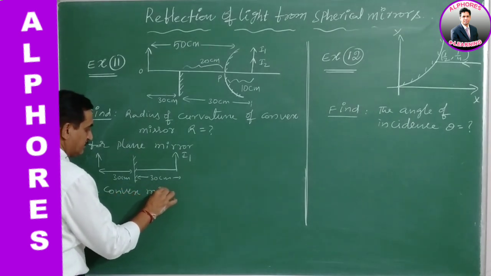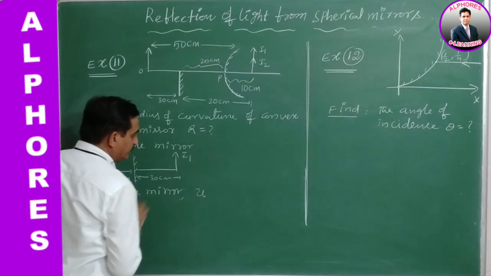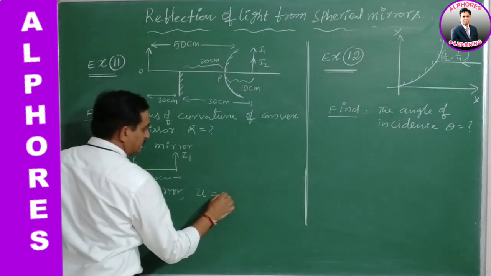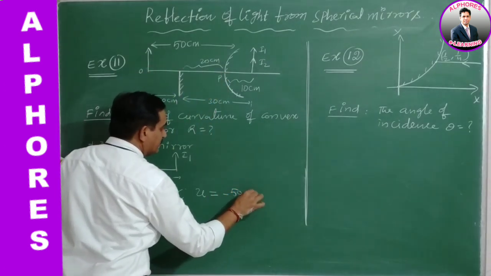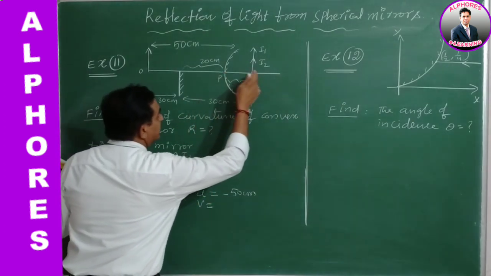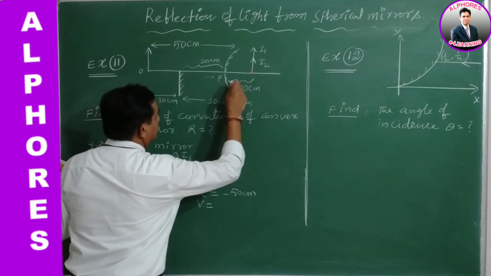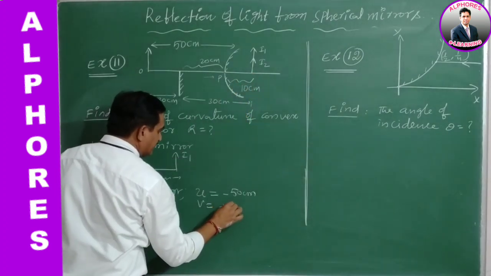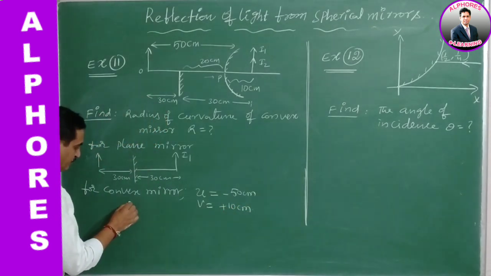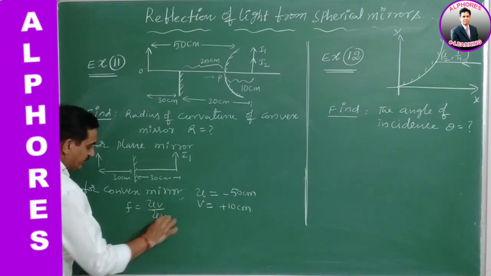For the convex mirror, the distance of object u is equal to minus 50 centimeters, from here to here. The distance of image: it is in the direction of the incident ray, which is taken to be positive, therefore it is plus 10 centimeters. So let us find the focal length. Focal length f equals uv by u plus v.